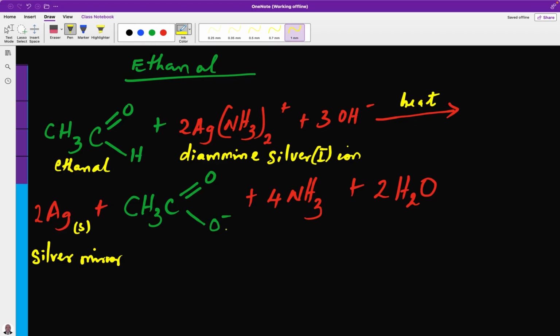The hydrogen in the COOH group here is removed, and this salt results. We call this the carboxylate ion. So that is how the reaction occurs.